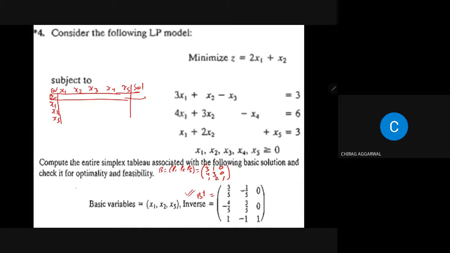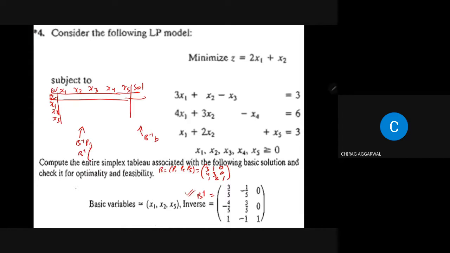So you know that these entries are B inverse Pj, and this entry is B inverse b. B inverse Pj means B inverse times P1, P2, P3, P4, P5.